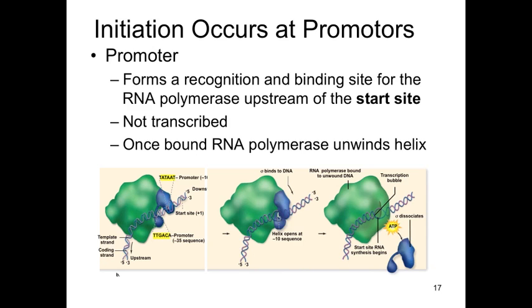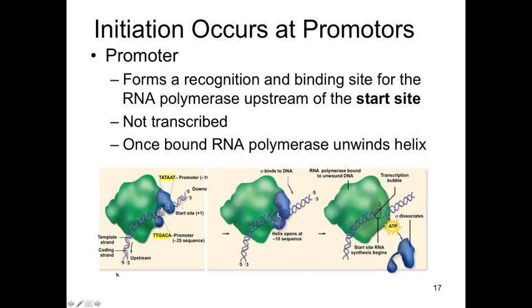Now, you don't have to keep these -10 and -35 in mind, just for your own information if you like it. Once the RNA polymerase is bound to our unwound DNA, we have a transcription bubble. As transcription begins, we'll see that there's an mRNA molecule being synthesized in the transcription bubble and this unwound region of DNA.